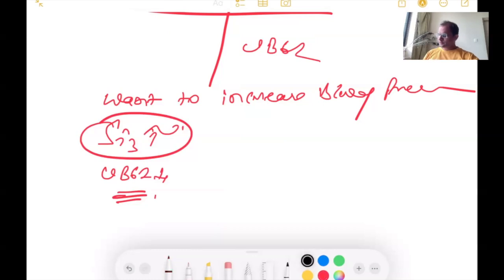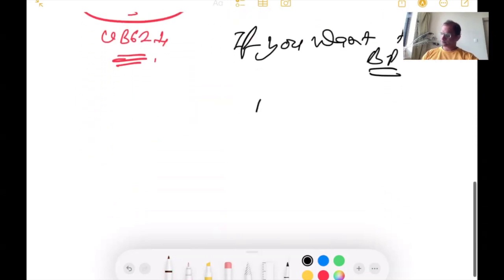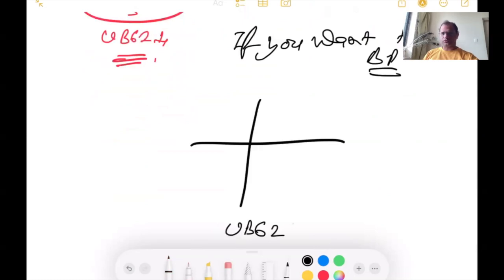On the other side, if you want to reduce the BP, you have to do the opposite. You need to tonify UB62 and sedate SI3.